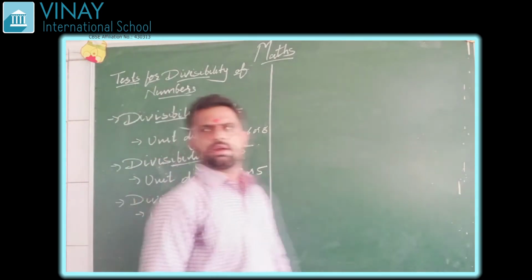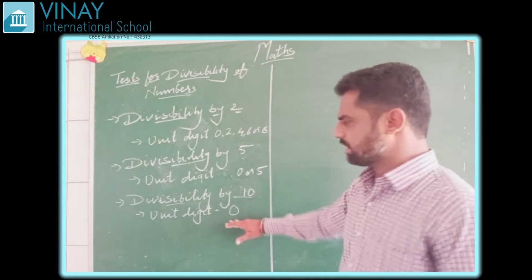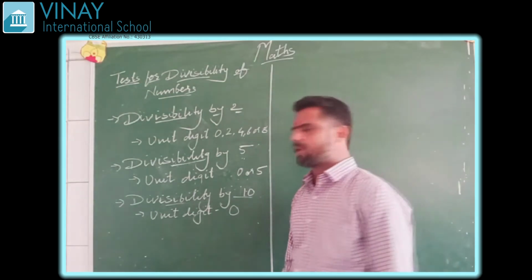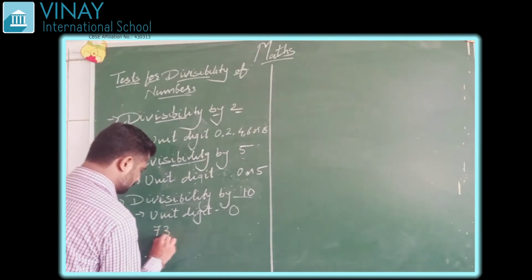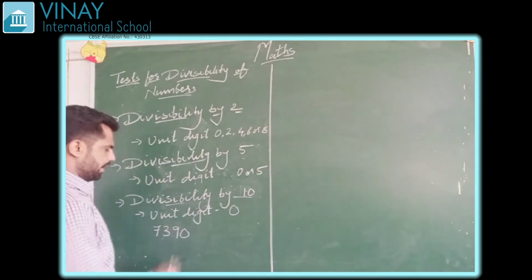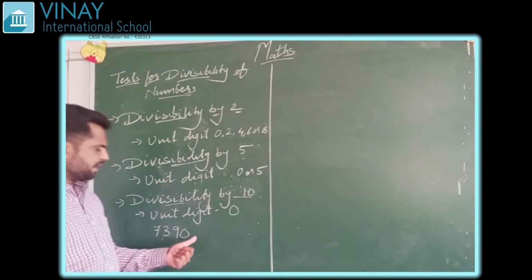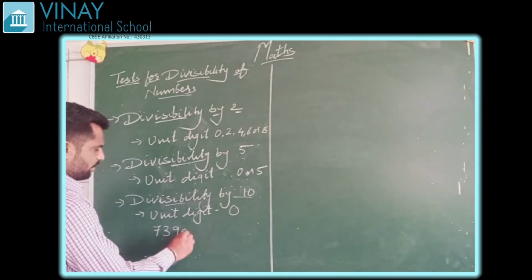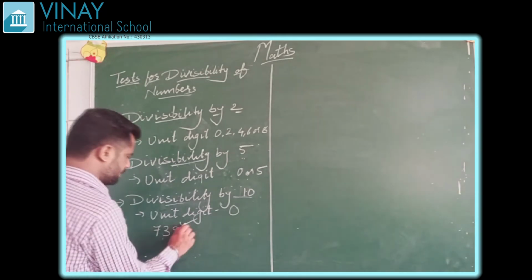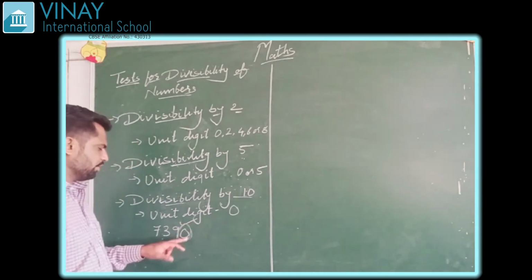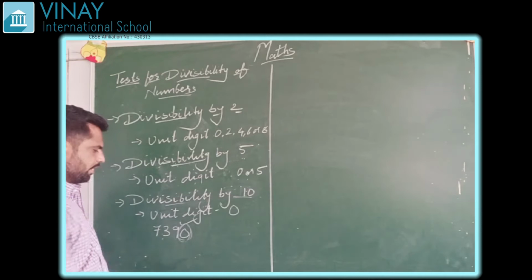For example, here the last digit, that is the unit digit, is 0, and that's why this number is divisible by 10. We just need to see the last digit, that is the unit digit.